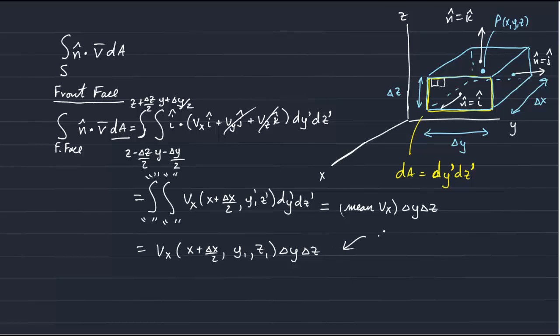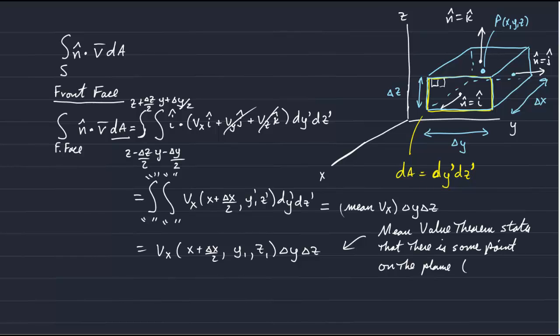So there's the mean value theorem that states that there is some point on the plane, and that point is again x plus delta x divided by 2, and some particular value of y and particular value of z, where Vx is equal to the mean Vx.